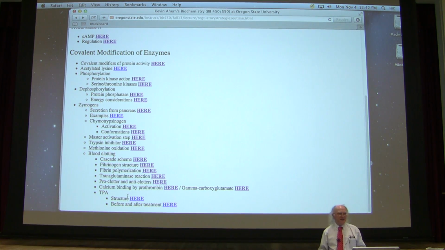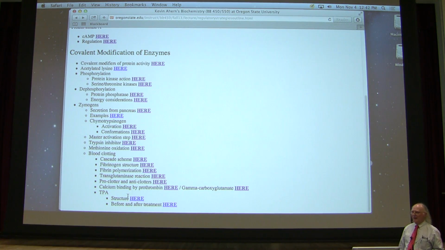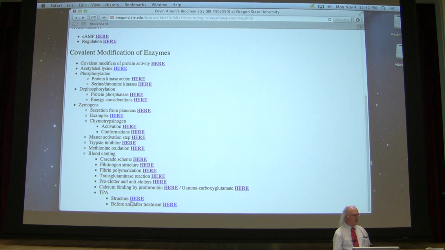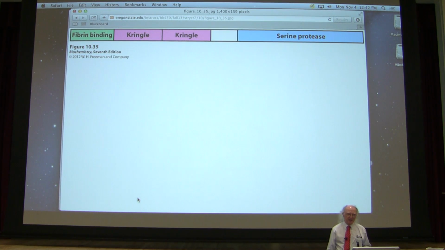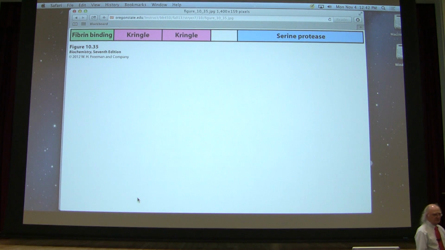Plasmin is made as an inactive form called plasminogen, and plasminogen is activated by an enzyme called TPA, known as tissue plasminogen activator.